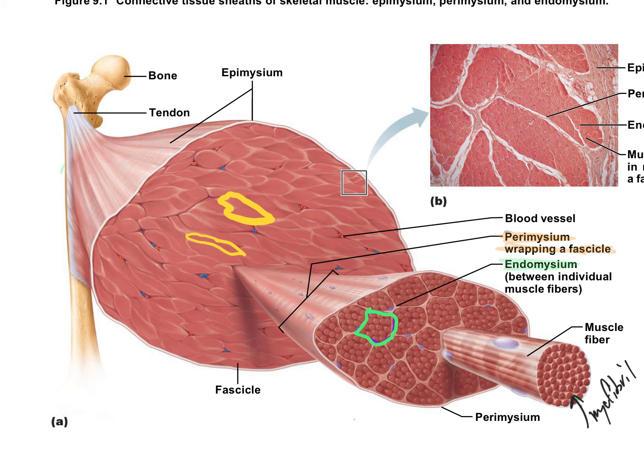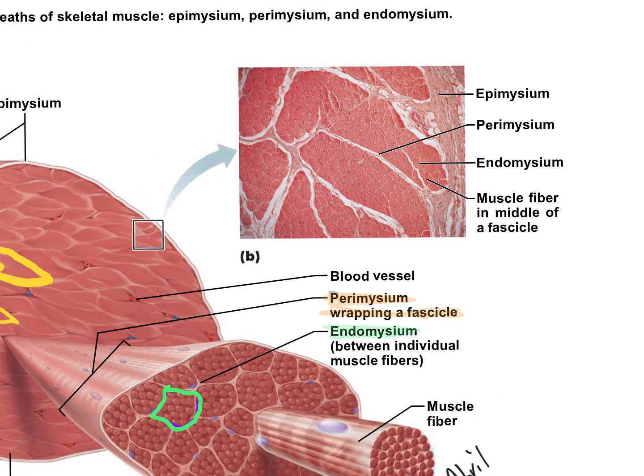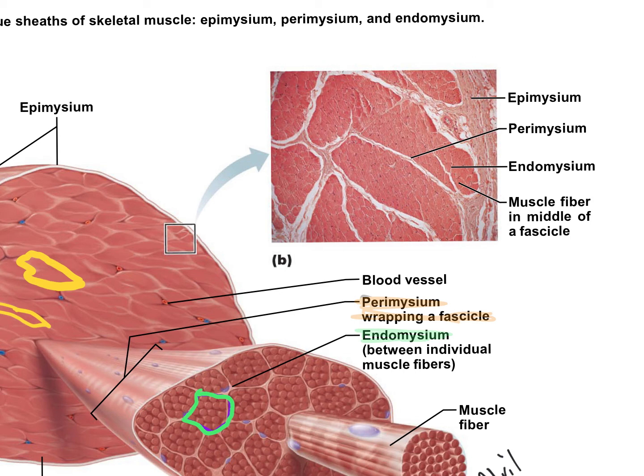Now all of the connective tissues connect: the endomysium connects to the perimysium, which connects to the epimysium, which connects to the tendon. So somewhere there's always that. This picture up here shows that. We actually have all three, epi, peri, and endo, eventually connected.